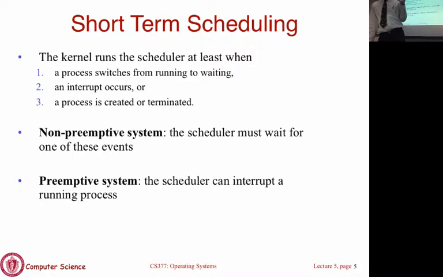You can then tell the process to go back to the ready queue, and I as the scheduler will pick some other process to execute next. So you can preempt a process just because its time slice expires.